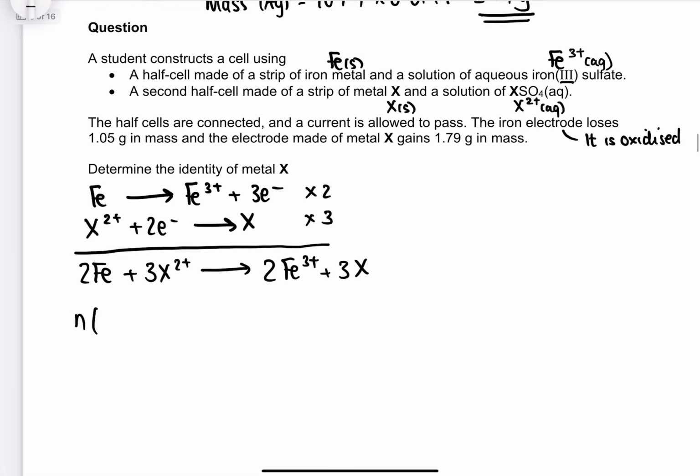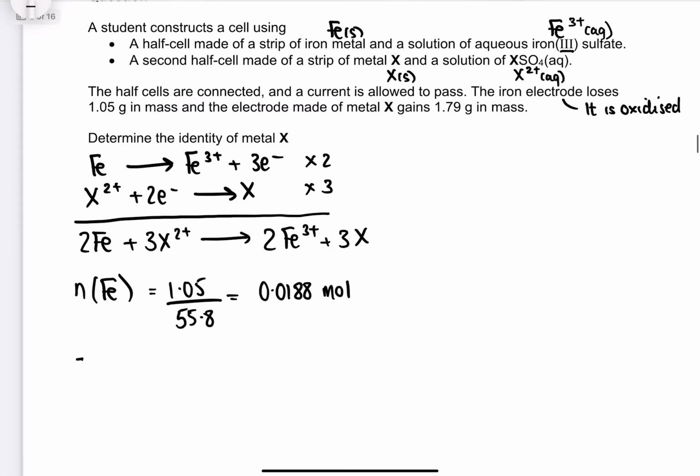And then we can do the same sort of calculation. So we've got a mass of iron, so we can do number of moles of iron. We would look up the Mr of iron in the periodic table, work out the moles, and use the ratio. So for every Fe to X, we've got 2 in front of the Fe and 3 in front of the X. So the number of moles of X would be 3 over 2 times that.